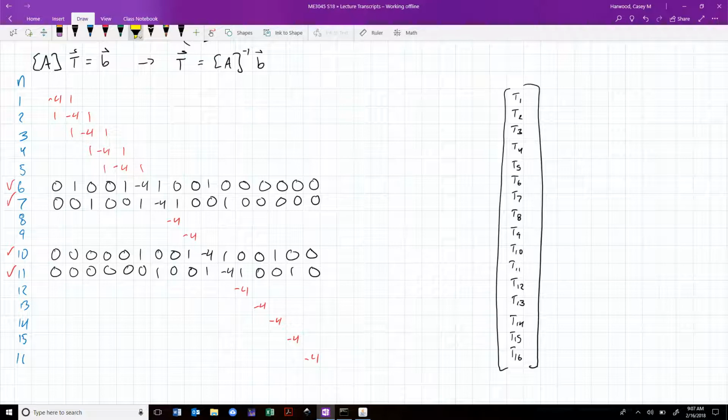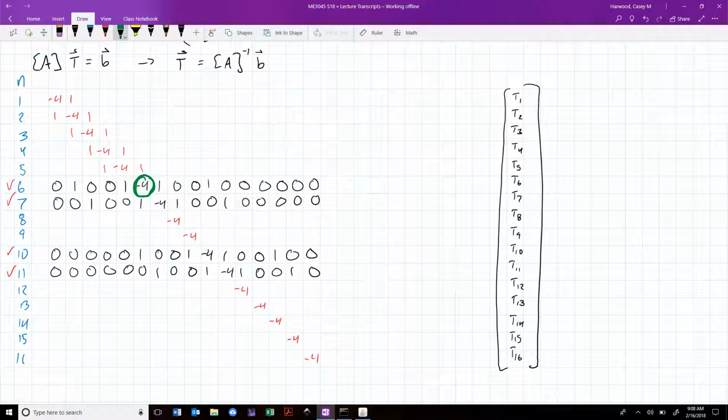Yes? That's right, exactly. It's going to change if you have a different number of nodes. So if, for example, we had 5 nodes instead, the negative 4 is multiplying by whatever node we're trying to solve at.